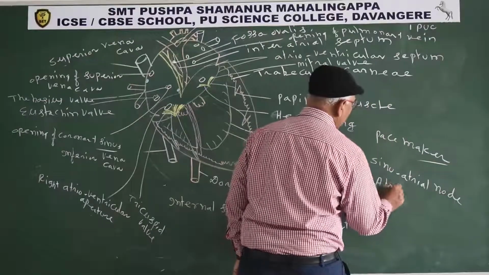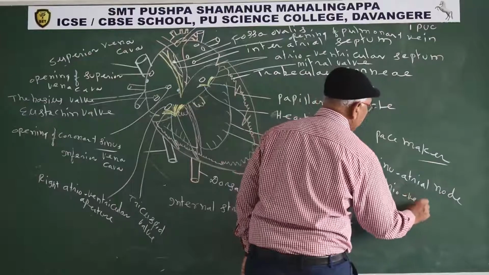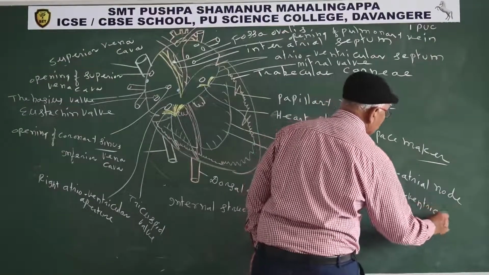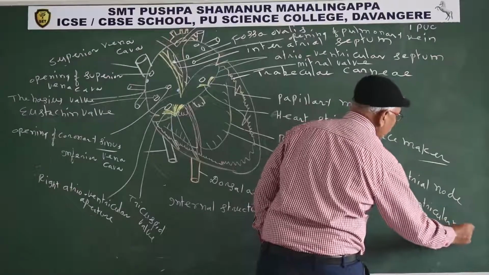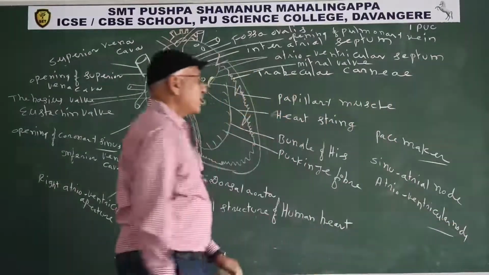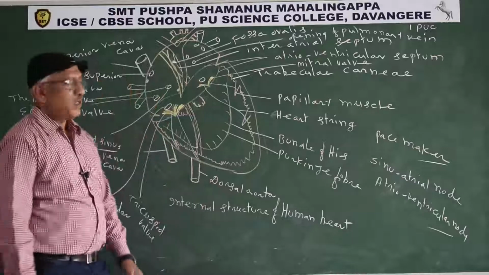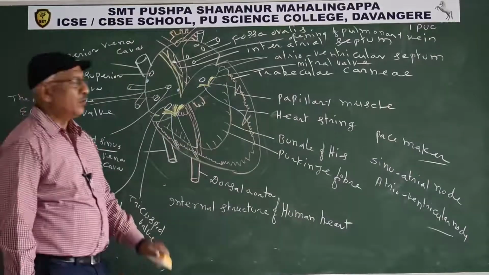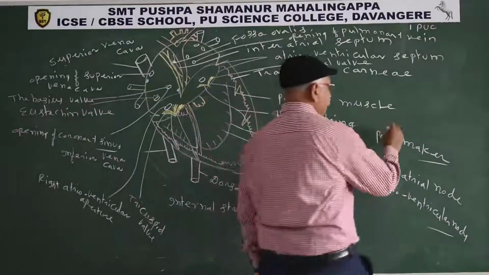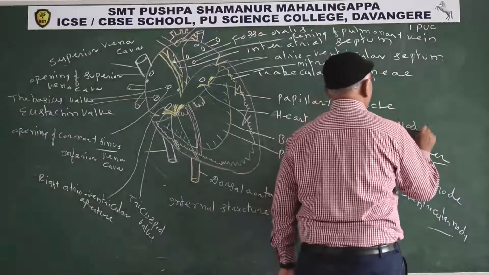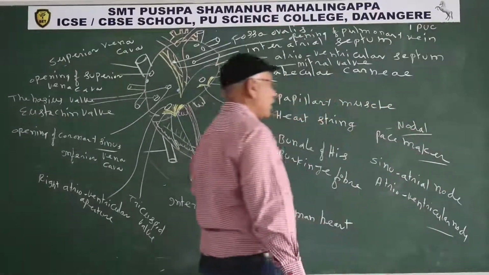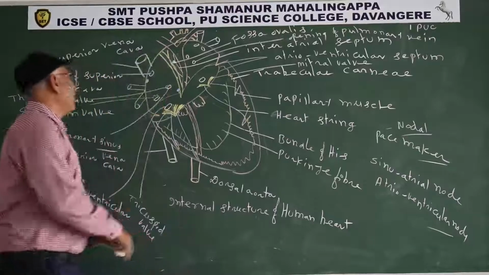Another is the atrioventricular node. The pacemakers are a special type of cardiac muscle, also known as nodal tissue.